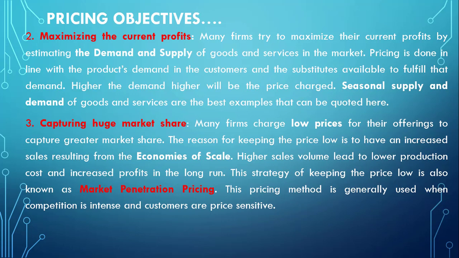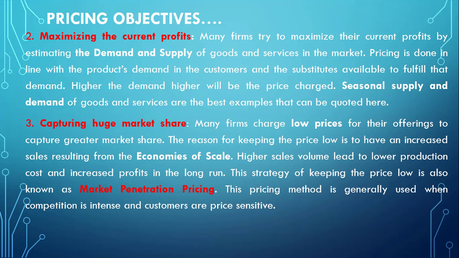The second scenario is whenever the product is seasonal. In specific seasons, when the demand is at its peak, you are going to increase the price, but it is still short term.